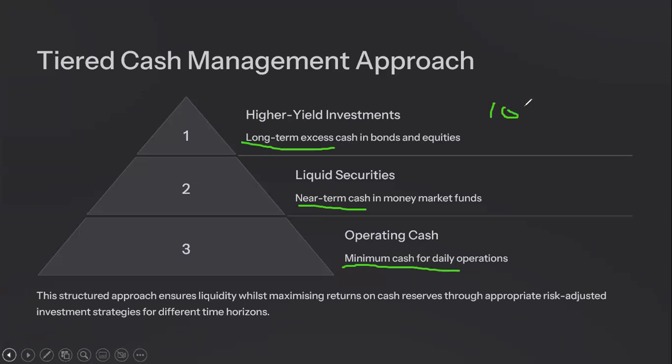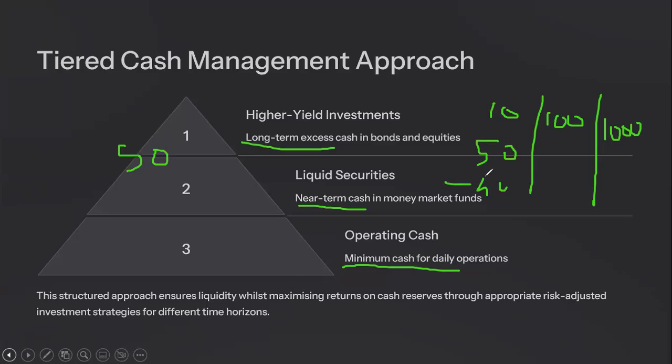If my income is 10, my income is 100, and my income is 1000, and my expenses are 50, then here I'll be short by 40, here I'll have an excess of 50, and here an excess of 950.